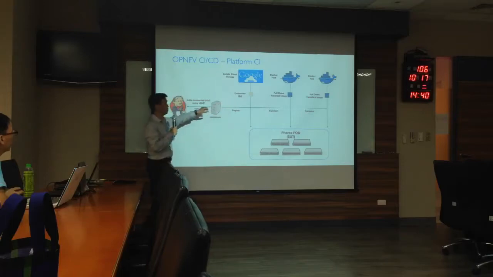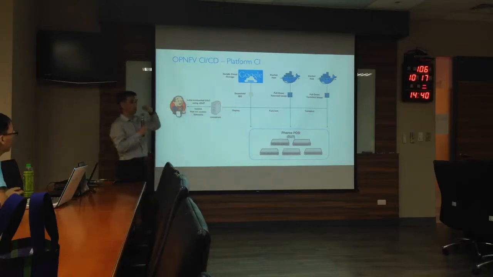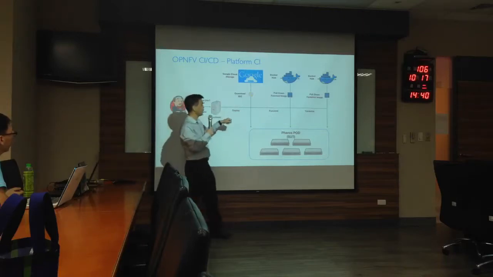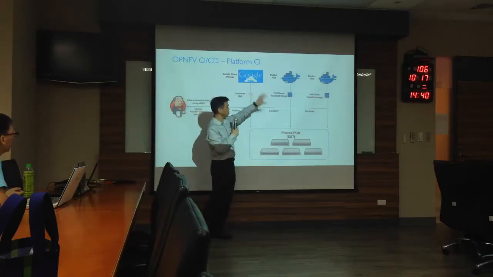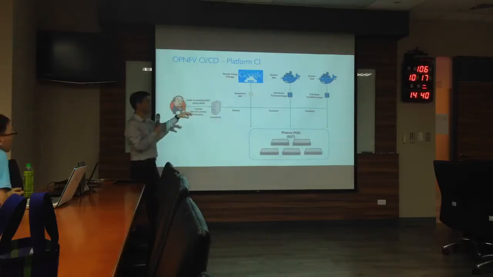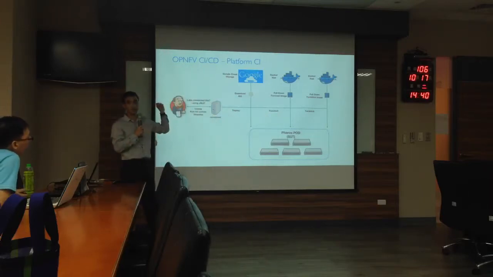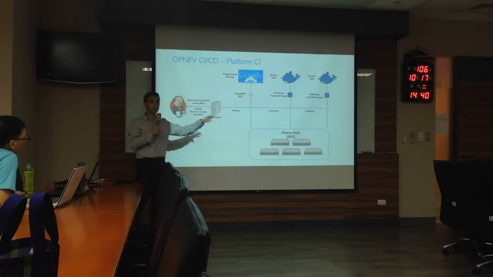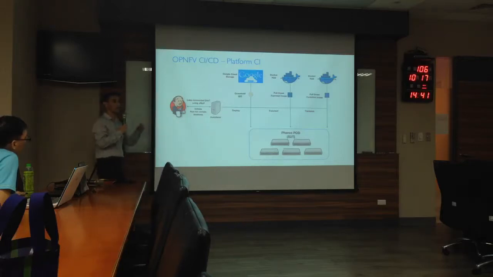and it downloads your OPNFV ISO, if you will, or RPM package, depending on which installer you're using. You grab the OPNFV software, and then you also pull down various testing images. We Dockerize both Functest and Yardstick images in Docker Hub, so you can just pull those down and run through them. After the deployment, you can run through the testing cycles.